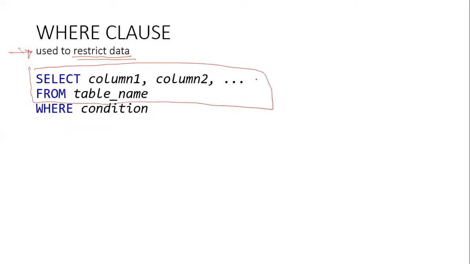And that would return all the records. But if you introduce the where, you are now restricting the number of records that are going to be returned, and your restriction is based on the condition that you apply in the where clause.